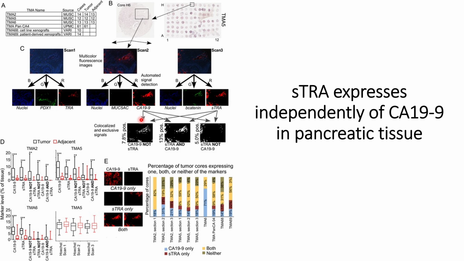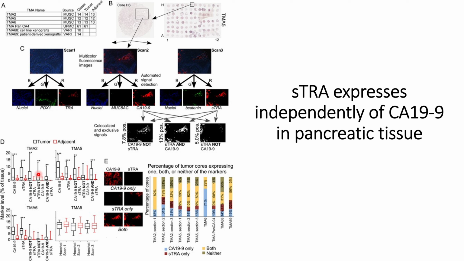The quantification of these results is shown in panel D, where we can see that in TMA2, in the case of tumor, CA19-9 with sTRA is expressed significantly higher than in the adjacent tissues. CA19-9 without sTRA is significantly higher, and sTRA but not CA19-9 is also higher compared to the adjacent tissues.